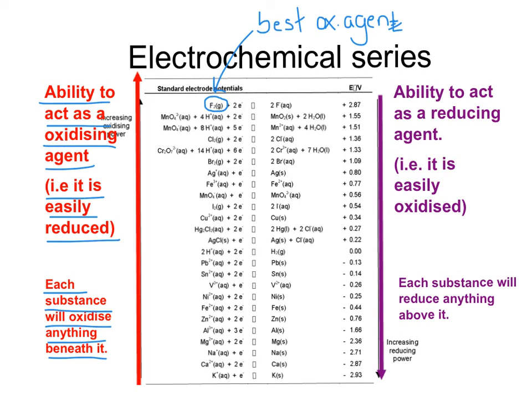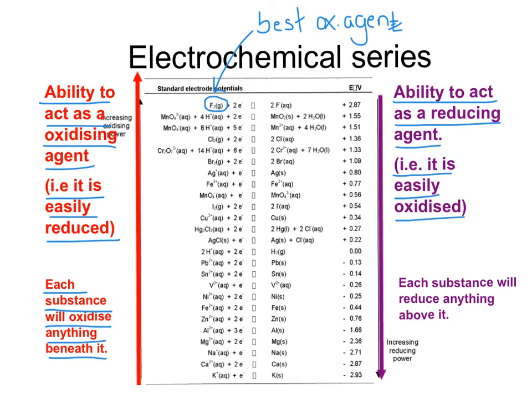So we're going to add in the label then, the ability to act as a reducing agent is increasing as the electrode potential gets more negative. And remember, a good reducing agent itself will be able to give up electrons easily, so itself will be oxidized.